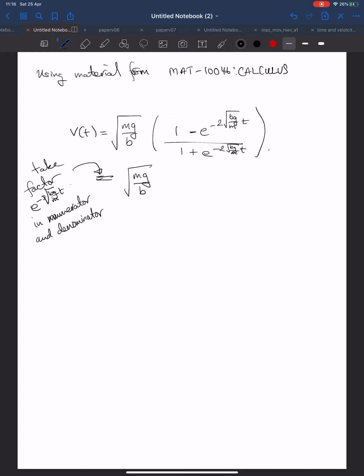Of course, if I take the same factor in the top and the bottom, I don't need to worry about having an extra factor in front because I've taken the same term out. I have the ratio of these factors and they just cancel. So I have this minus e with this power over, and you might actually recognize this now as the following.